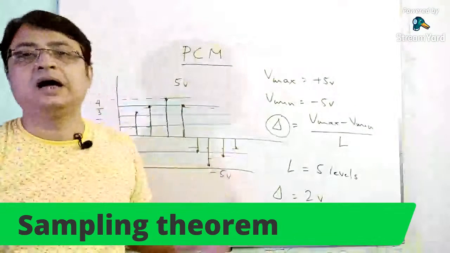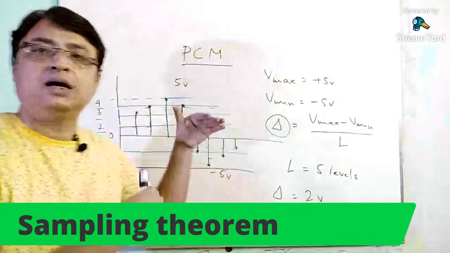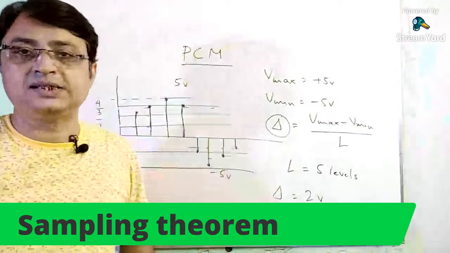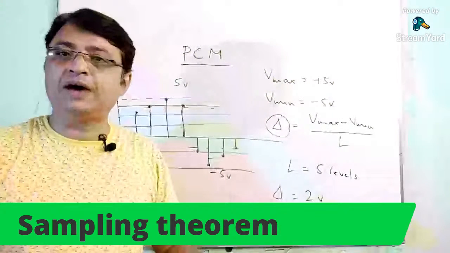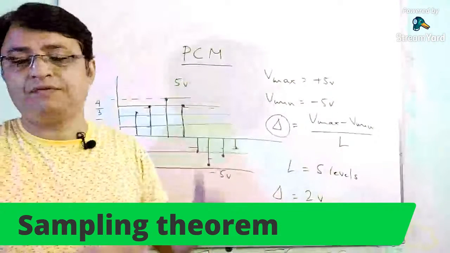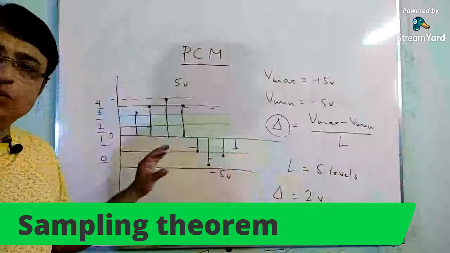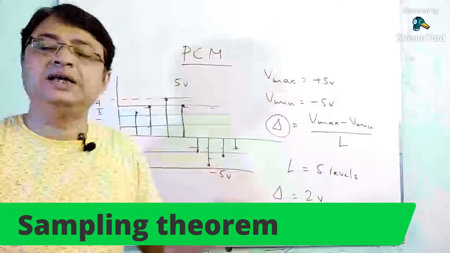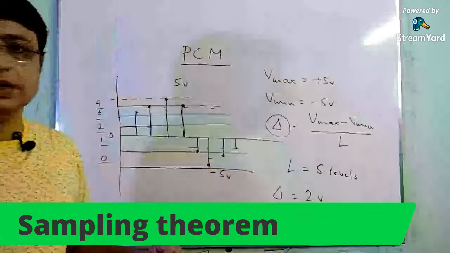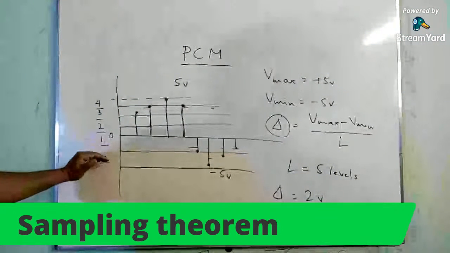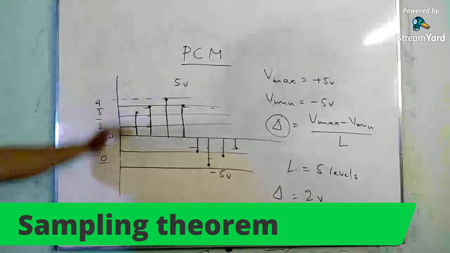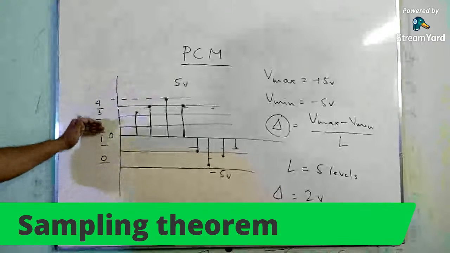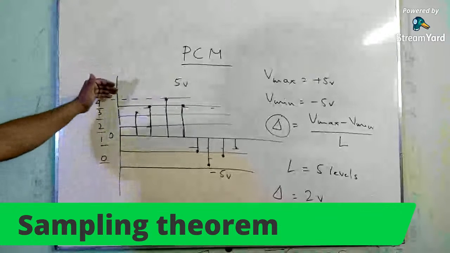Here I have taken 5 because the difference of values is 10 volts. Now if the levels are 5, then the height of each level is 2 volts. After that I divided this entire range of values into 5 different zones.